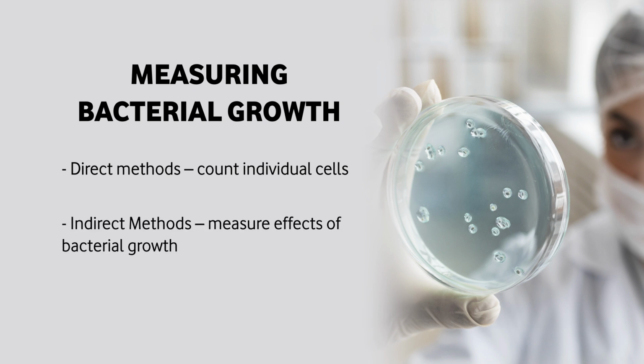The second method is the indirect method, which measures the effects of bacterial growth in terms of metabolic activity. Alright, but in case of measuring the growth curve, in case of doing the growth kinetics, we need the direct method because we need to know the individual viable cells or individual cells either in terms of OD or turbidity or in terms of number of viable cells.